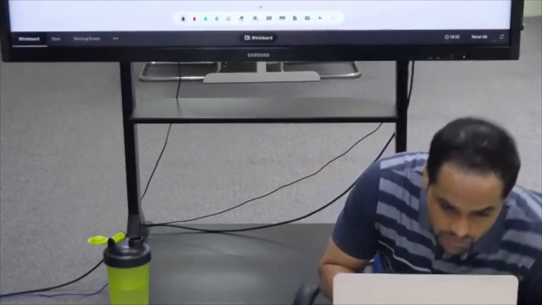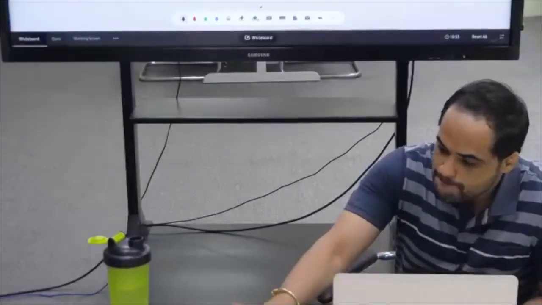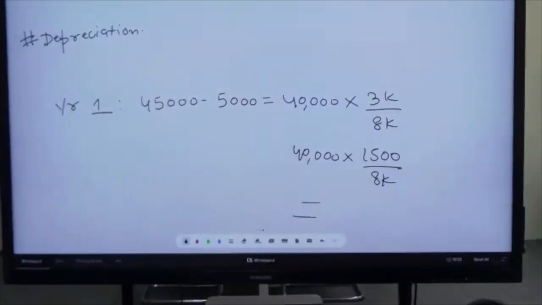So for the first year it is 3,000 divided by 8,000, second year 1,500 divided by 8,000, third year, fourth year, and so on, right? So tell me how much will be the depreciation. Calculate for all years, year 1, year 2, year 3, year 4. And when you send me a message, I repeat, please send the message to everyone so all students can understand.